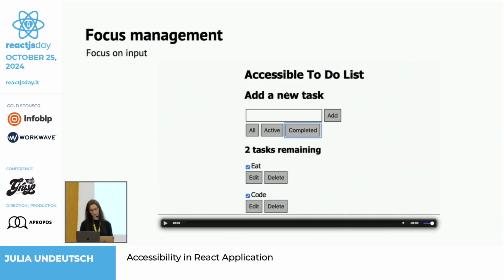Yeah, so in this case, another element was added by hitting the add button, and the focus stayed. Maybe it's not the best choice. I think you should always work with your users to see what they prefer. But at least it was visually clear that the focus is still on the add button.